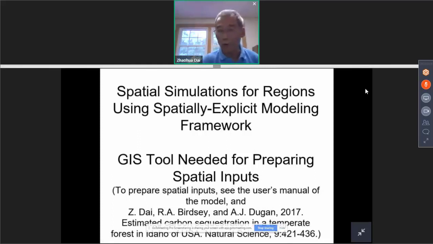But we can use GIS data to parameterize the data, including the soil data and also the elevation data.